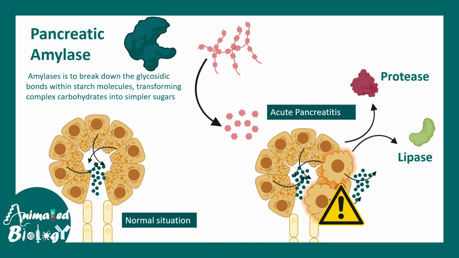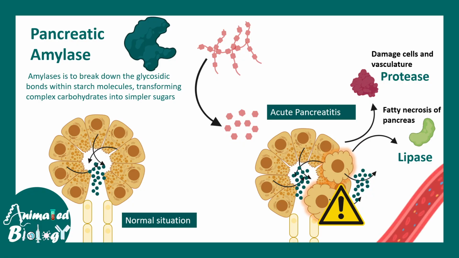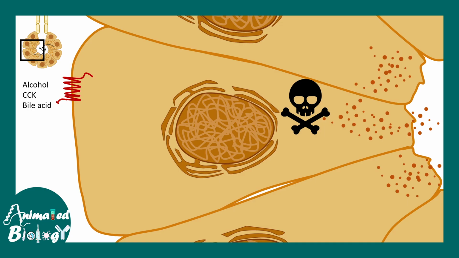That can damage the nearby tissue, especially proteases and lipases, which are also released from these acinar cells and could be quite damaging for the pancreas. And now we can understand why there is an increase in serum amylase or lipase level in acute pancreatitis.